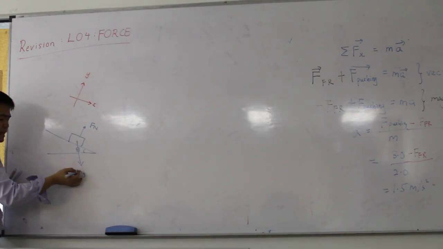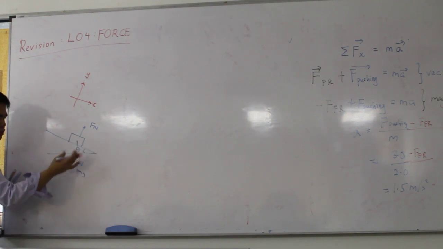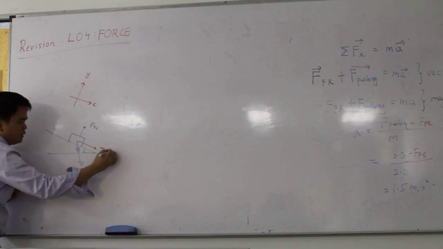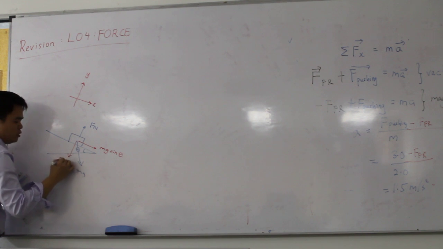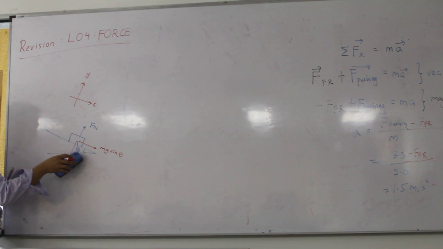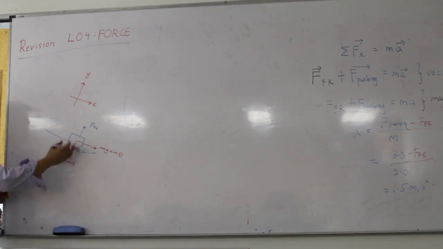We can resolve the mg into two components. First is here, mg sine theta, and the second one is here, mg cos theta. We resolve this mg, and this mg is no longer useful for us, but we have two components.